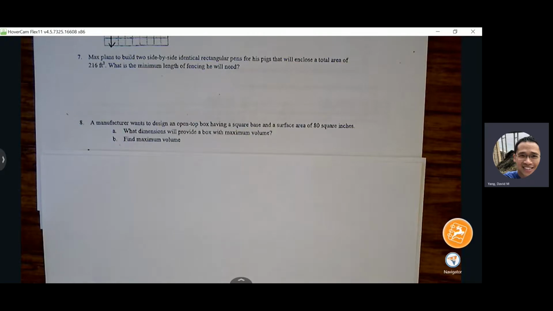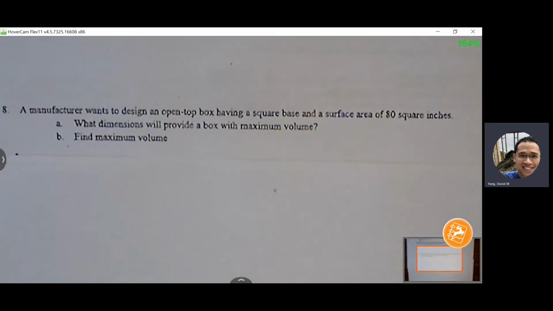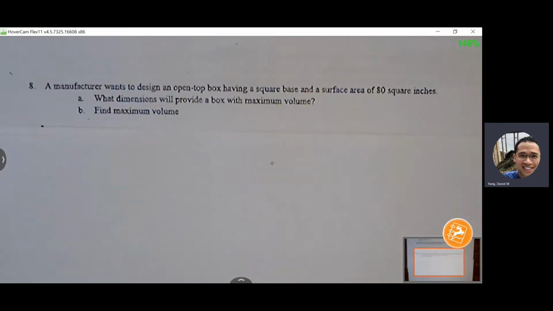Okay, let's read this problem here. A manufacturer wants to design an open top box having a square base and a surface area of 80 square inches. What dimensions will provide a box with maximum volume?